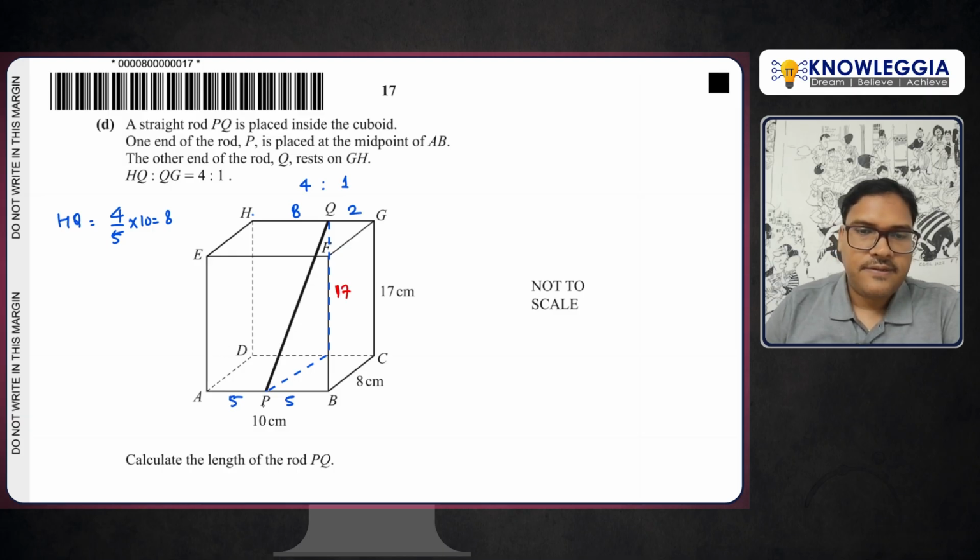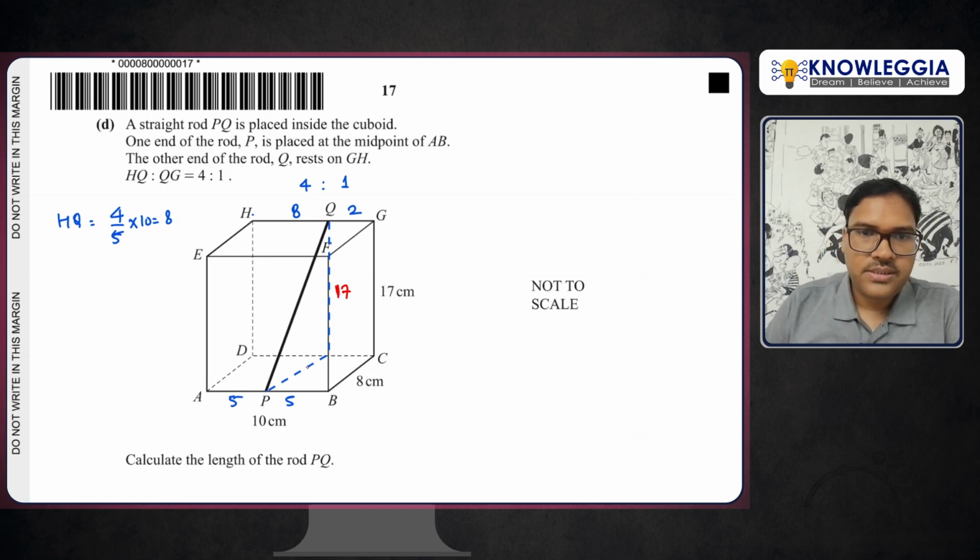But we don't know this length. And I cannot say this is equal to 8 because this is not parallel to this, because this is not the midpoint. Now, if I find this length, I can apply Pythagoras, because this angle will definitely be 90 degrees. But for this, you need to have this length. Now, how can you find the length of this?